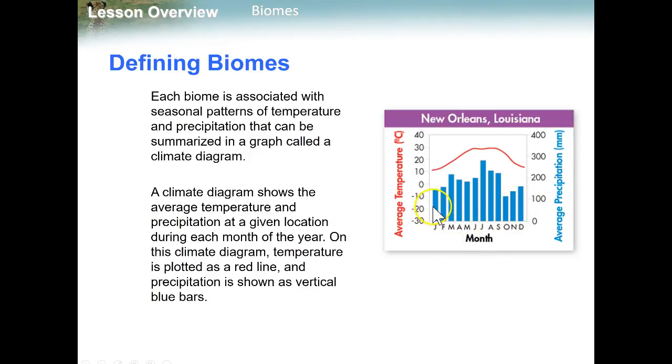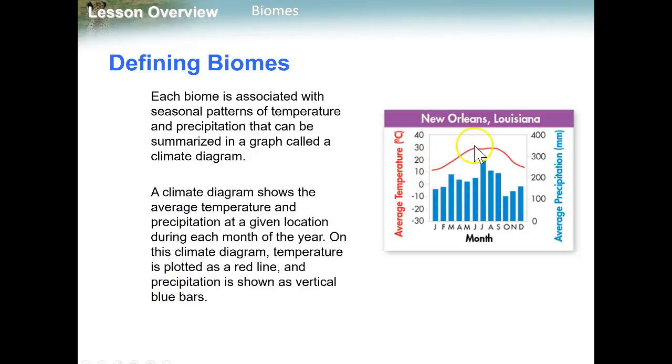So what this tells you is when we look at the blue, this is the average amount of precipitation, and you can see that July is the rainiest month of the year for Louisiana, New Orleans.